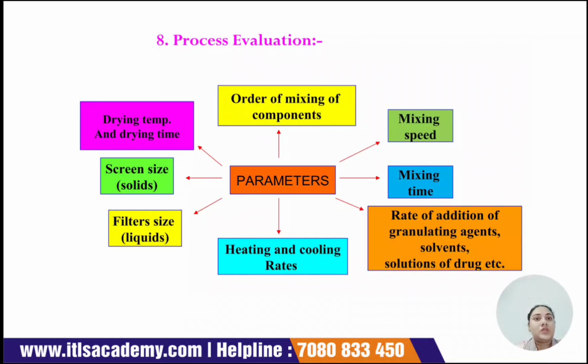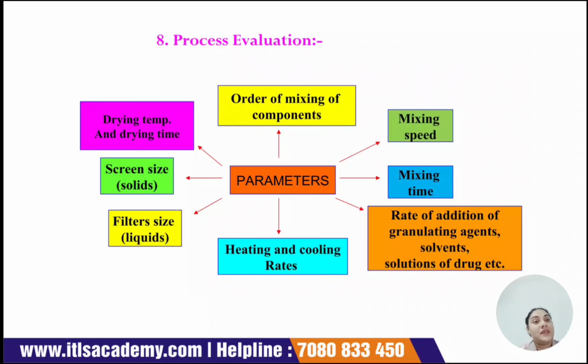The second is the screen size, that is solids. Then is the filter size. Fourth is the heating and cooling rate. What should be the heating and cooling rate? Then comes the mixing speed and mixing time, because whenever any medicine is produced, depending upon the formula you need to mix the ingredients to manufacture the medicine.